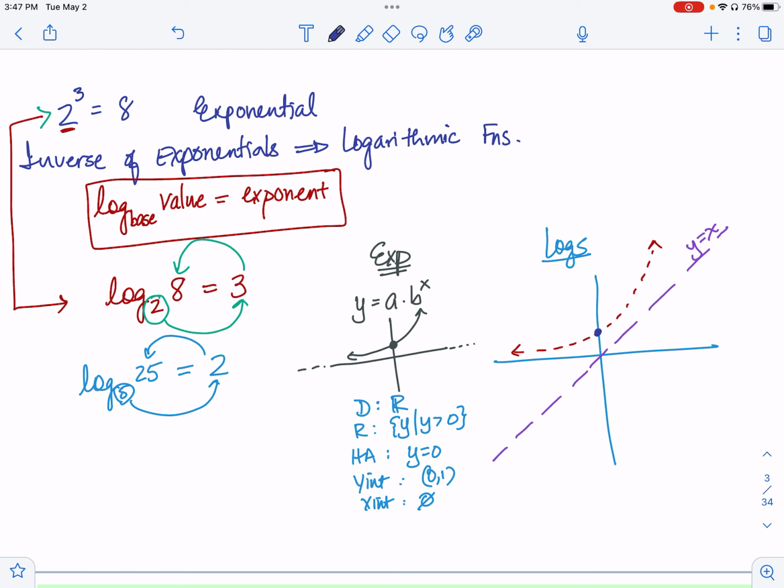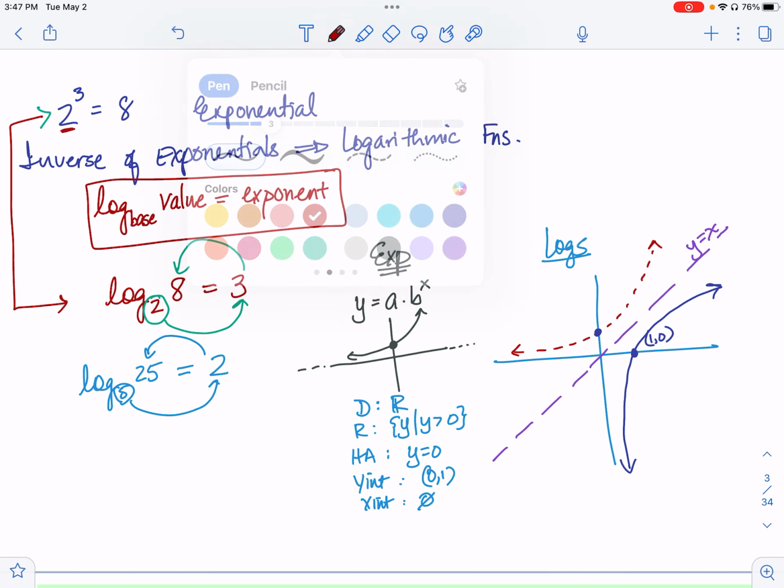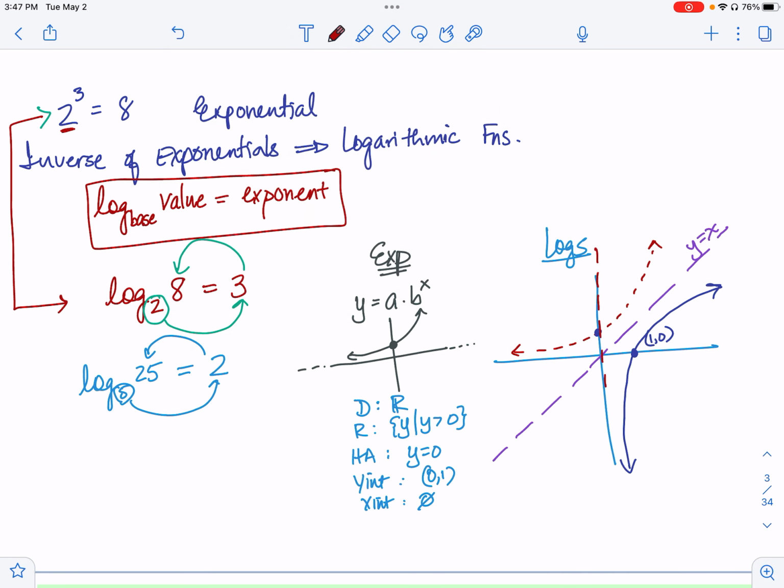So with log graphs, instead of having a y-intercept, we're going to have an x-intercept, which is going to be 1, 0, and the domain and range will swap positions. So log graphs will look like this, where they now have the y-axis acting as the asymptote.